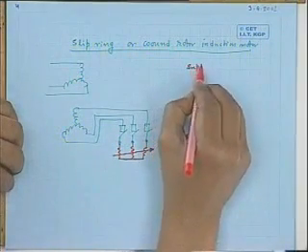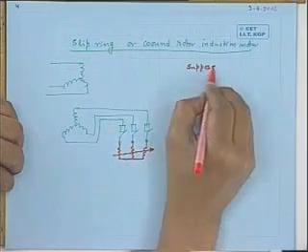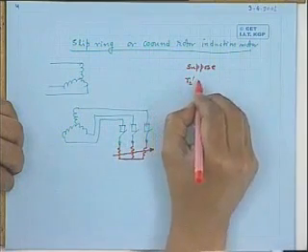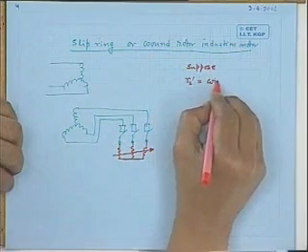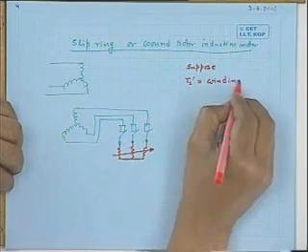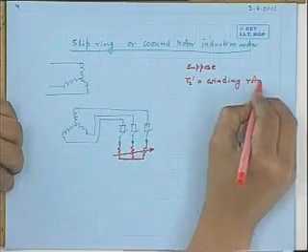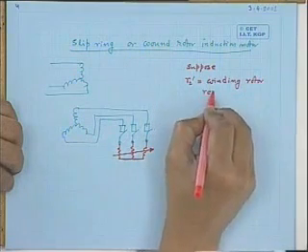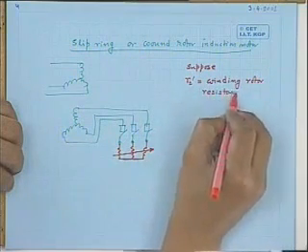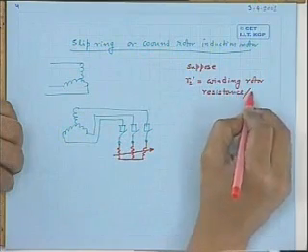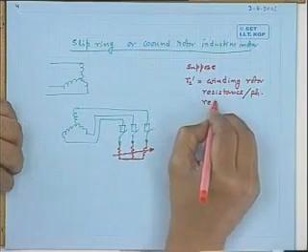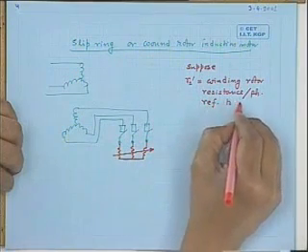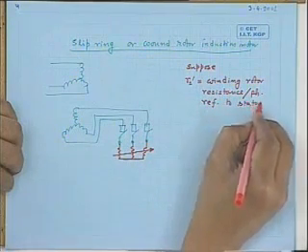Suppose R2 dashed is the winding rotor resistance per phase, referred to the stator.